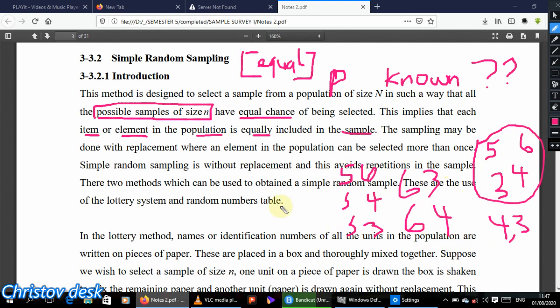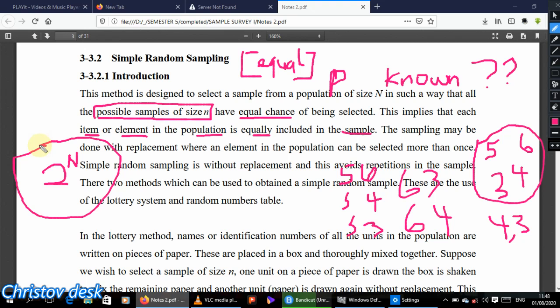So these are the possible samples we can get, and this can be found using the formula 2 raised to the power capital N. This formula will give you the possible samples you can get.